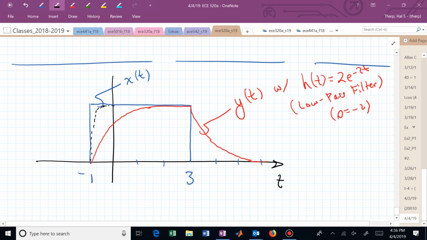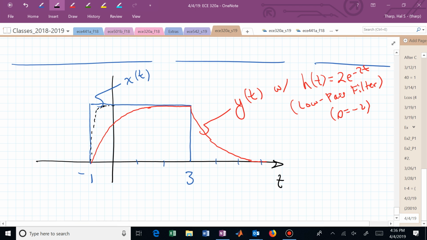Do you see that? And what happens when we shut down at 3? We're quick, aren't we? We have a wider bandwidth low-pass filter. We're passing higher frequencies. Now, how long do we wait for this excitement to end? 5 tau. But now tau is 1/10.